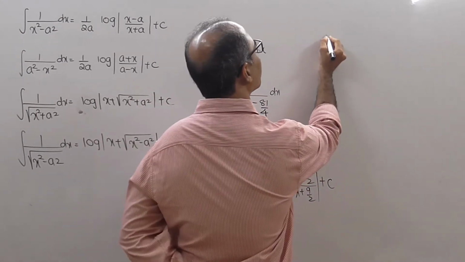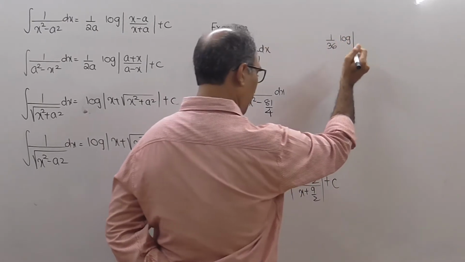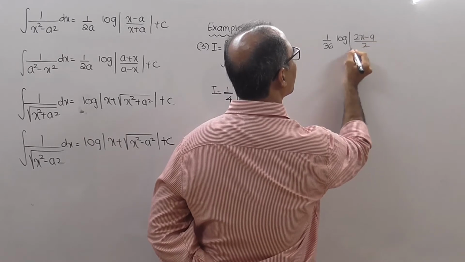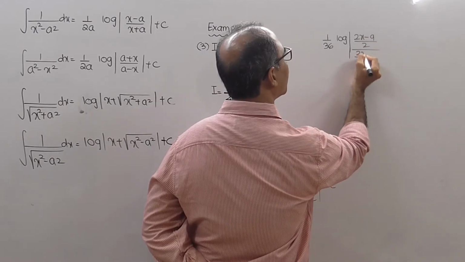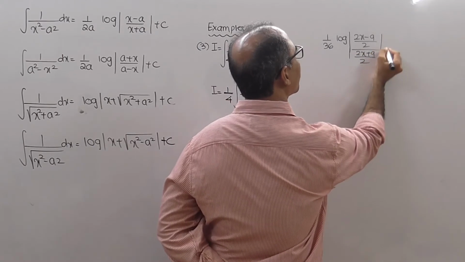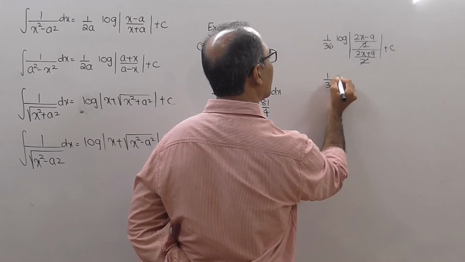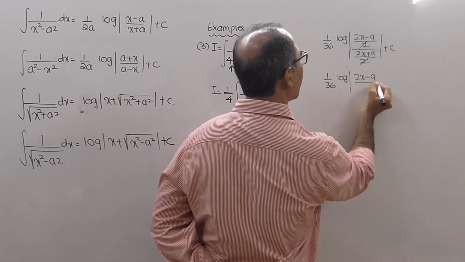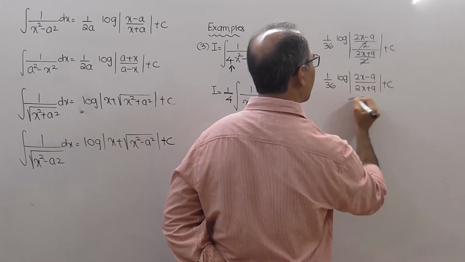The 2 cancels, so 1 upon 36 log modulus. Take 2 as LCM: you get 2x minus 9 upon 2 and 2x plus 9 upon 2 plus c. So the answer is 1 upon 36 log modulus 2x minus 9 upon 2x plus 9 plus c.